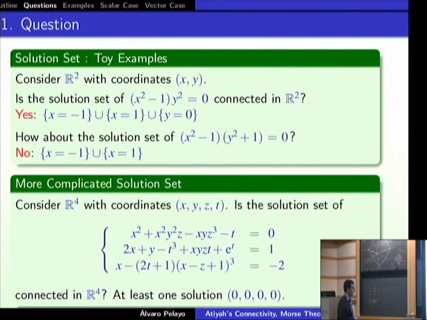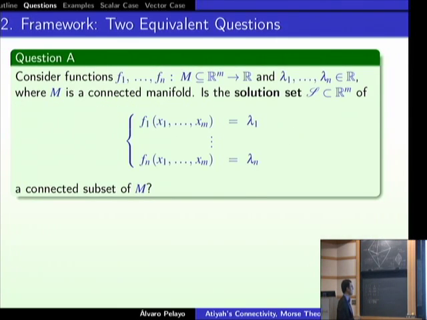So at least one thing I can tell you, because I wrote down the system, is that 0, 0, 0 is a solution. So at least I know one solution, but I don't know what the other solutions are. I think it probably would be extremely difficult to find the solutions, but maybe we can decide if this is a connected set or not, the solution set. Okay, so these are some motivating examples.